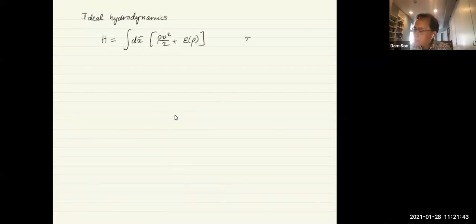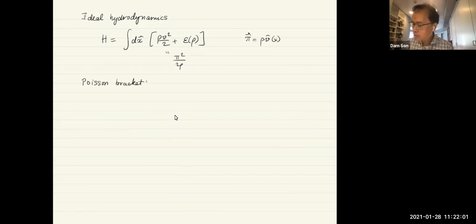Sometimes we also use the following notation: pi is the momentum density, and so this term can also be written as pi squared over 2 rho. With the Poisson bracket, which I would write like this, rho with rho is equal to 0.